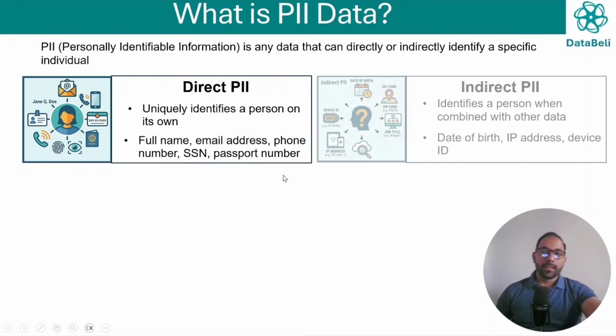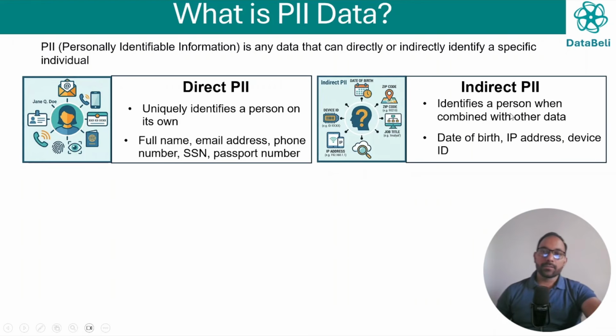And indirect PII is still personal data, but a single entry is not able to identify who that person is. But when combined with some other data, it can help identify that particular person. That is called indirect PII. For example, date of birth, IP address, device ID. If we take date of birth, using it alone we can't know who that person is.